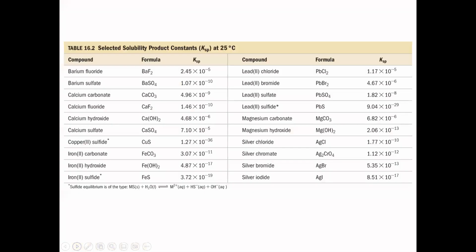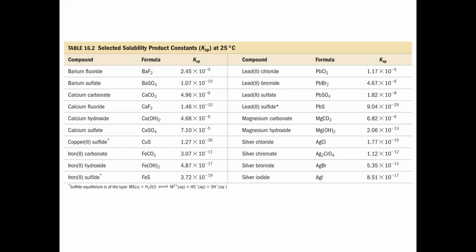So here's kind of a sample where you can see the different KSP values. Something like barium fluoride with a KSP of 2.45 times 10 to the -5 is going to be much more soluble than barium sulfate with a KSP value of 1.07 times 10 to the -10.